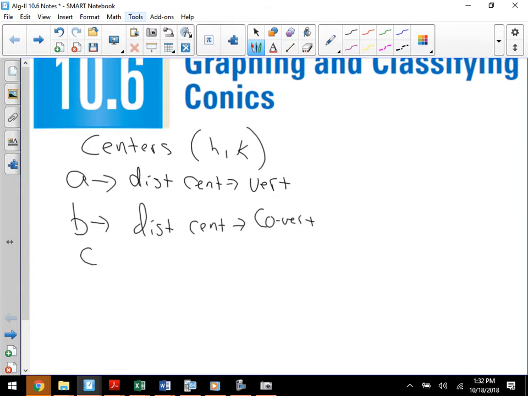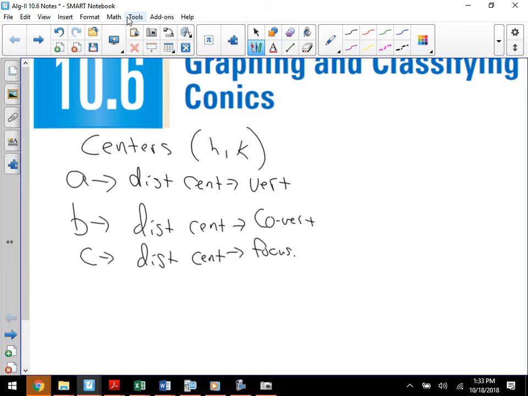And what do you think the C value is? Yep. The distance from the center to the focus. This info never changes. It doesn't change from where we were at before. How you find the focus doesn't change, whether it's an a squared plus b squared or an a squared minus b squared. That doesn't change either.